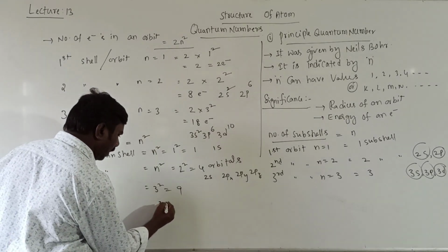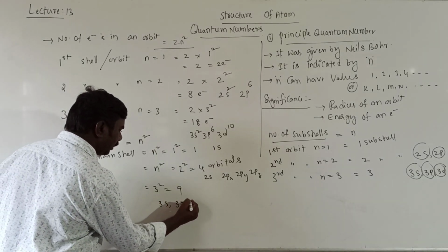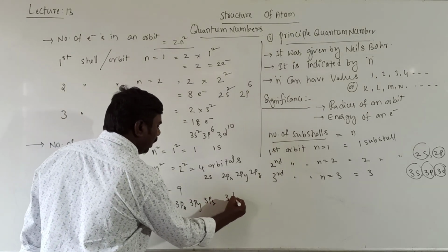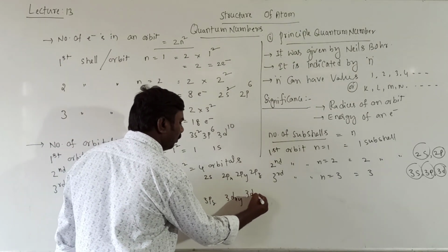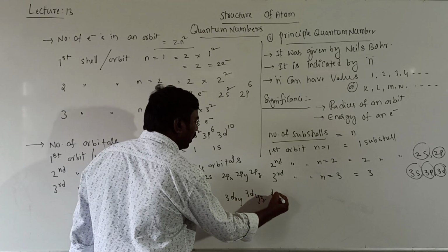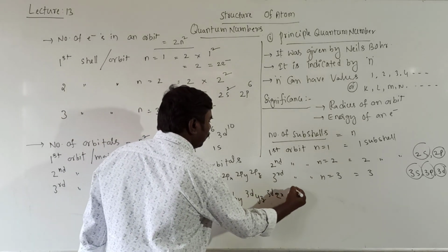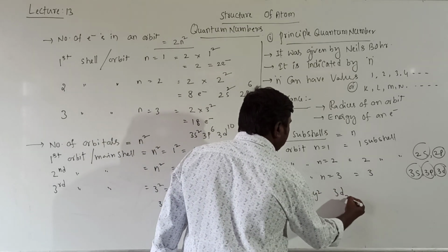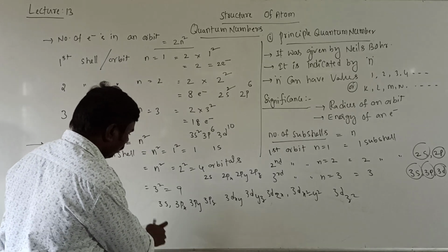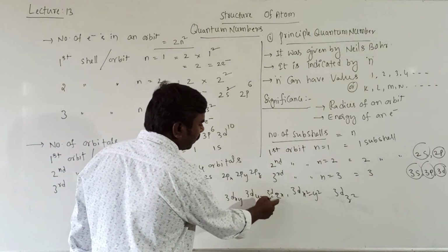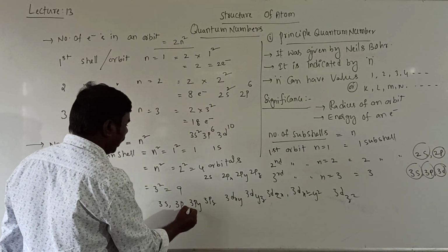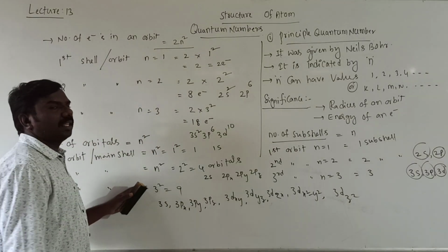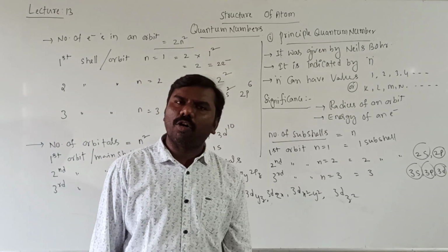It means 3s, 3px, 3py, 3pz, 3dxy, 3dyz, 3dzx, 3d x square minus y square, and 3d z square. Totally 1, 2, 3, 4, 5, 6, 7, 8, 9 orbitals in the third main shell, or third orbit.